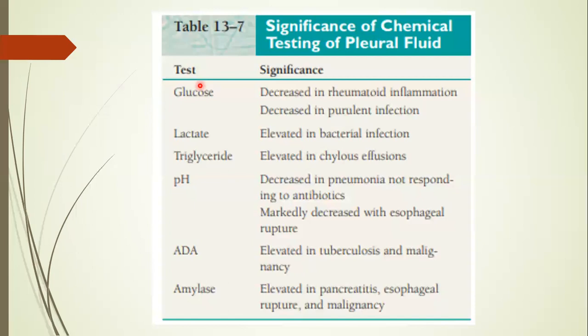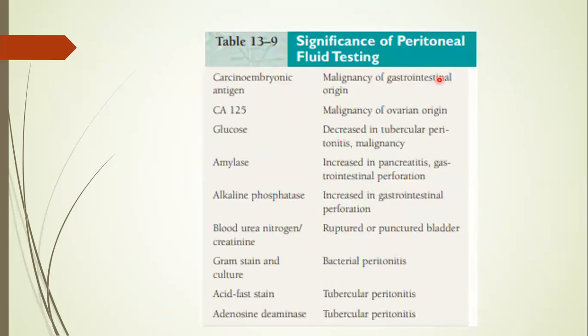You do not just run a single test. Your serous fluid laboratory testing is actually comprised of a battery of tests. For peritoneal fluid, you actually have different sets of laboratory tests. So you need to memorize these tests for examination purposes.